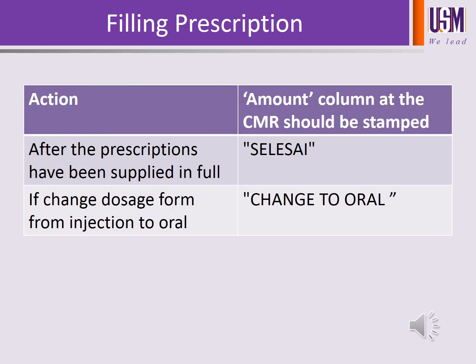In certain cases, as I told you earlier, after the prescription has been supplied in full, we can stamp it using the stamp of Selesai. And for prescriptions where the dosage form of the medication is changed from injection to oral, usually antibiotics, the change to oral stamp should be used and vice versa.